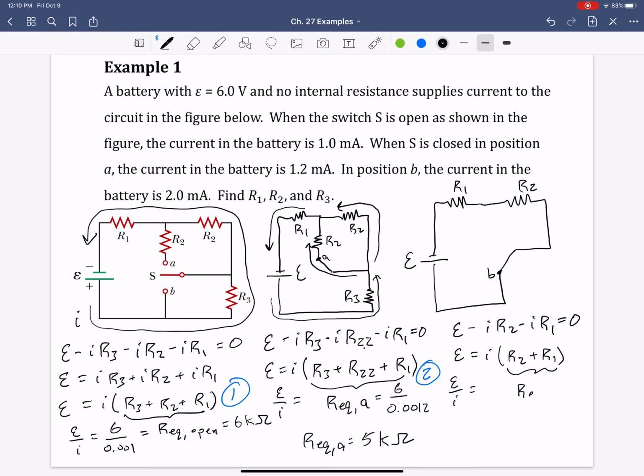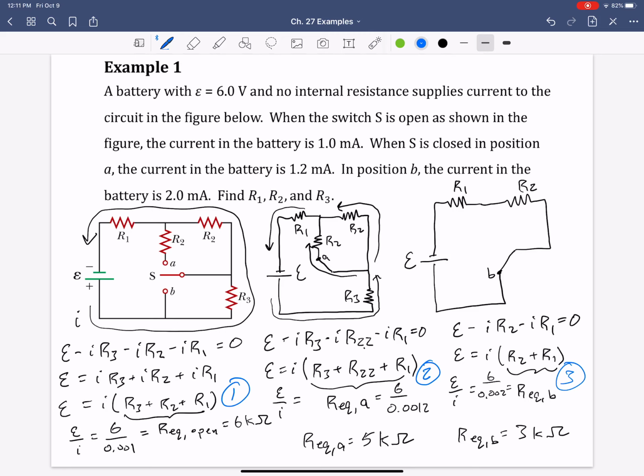This I'll call R equivalent for part B, or rather connected to B. And so this is equal to 6 over 0.002, and that's equal to 3,000. And so this is our third equivalent resistance expression.